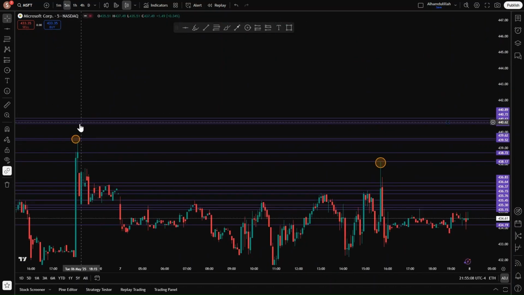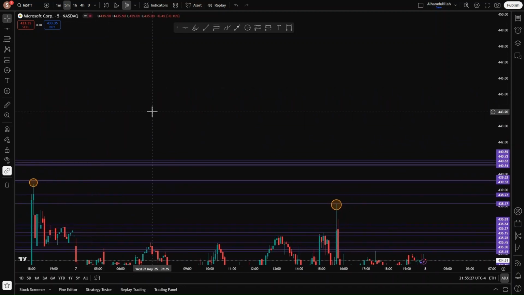Then from there, get on your 5 minute time frame, analyze structure, and take your trade from there. That's going to be the easiest way to find a long trade.